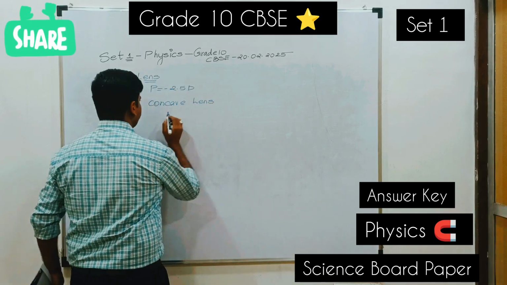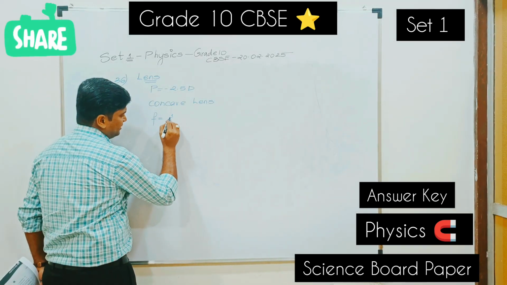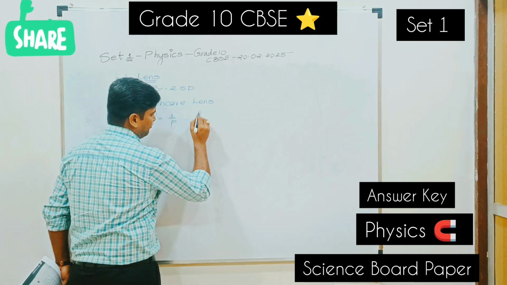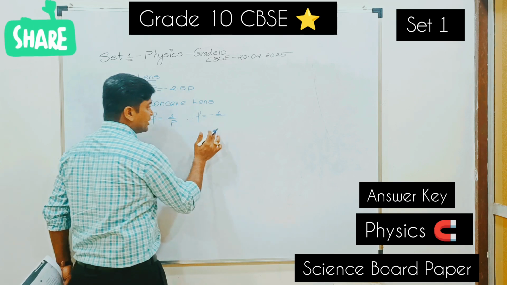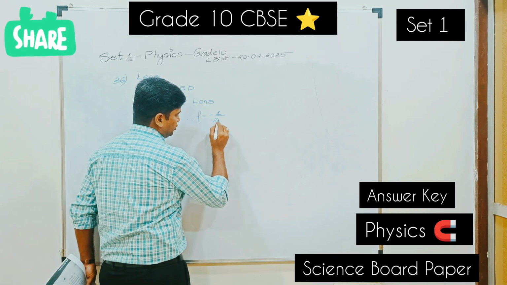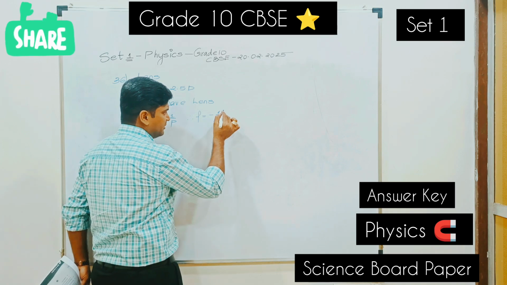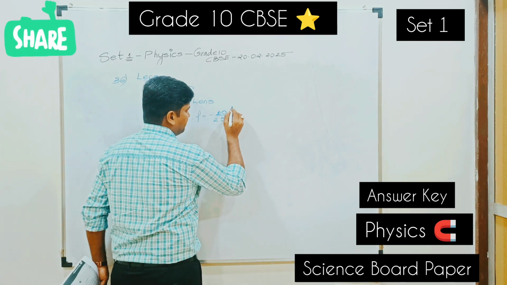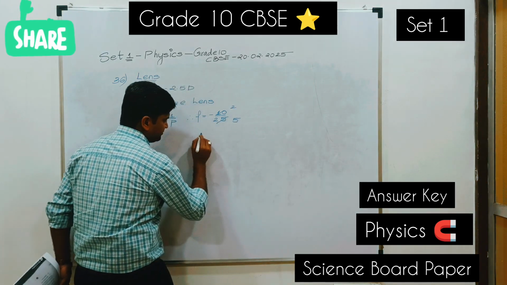No problem, children. Since we need to find the focal length, that's the reciprocal of its power, correct? So focal length will be, with the minus sign, 1 upon the power. What is the power, child? 2.5 diopters. Fine, 2.5, remove the decimal and put 0 on top. So I will be getting 5 twos are 10 and 5 fives are 25.